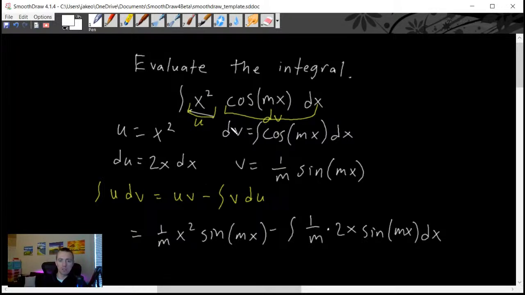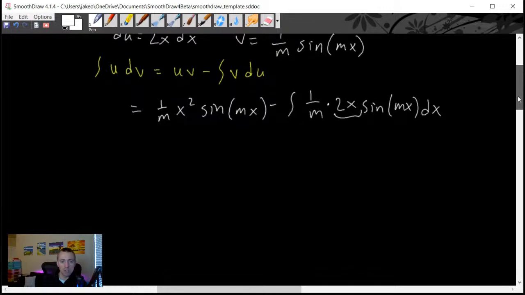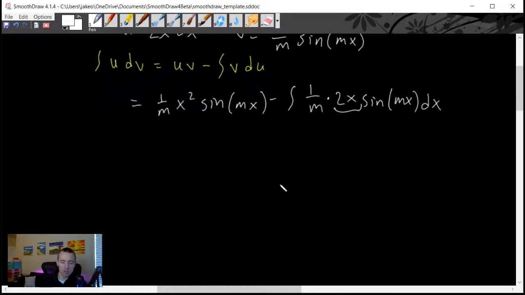And that goes back to what I was saying before. If we imagine taking the derivative of now this 2x term, that derivative is just going to be a constant. So basically the power each iteration through is going to keep on going down and down and down.